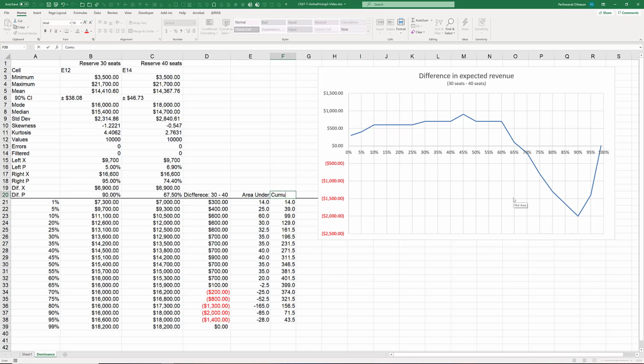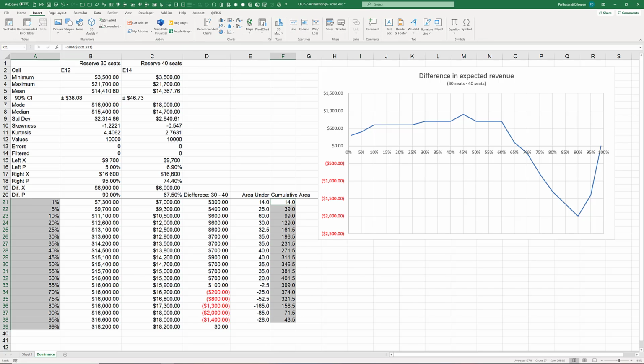Now cumulative area. Okay, and you can see now that the cumulative area is all positive. So we know that 30 seats dominates 40 seats.